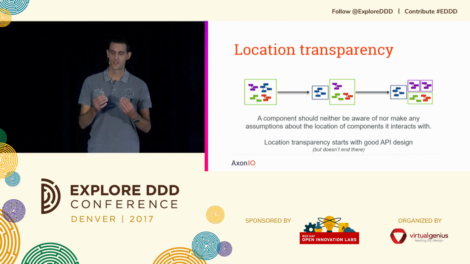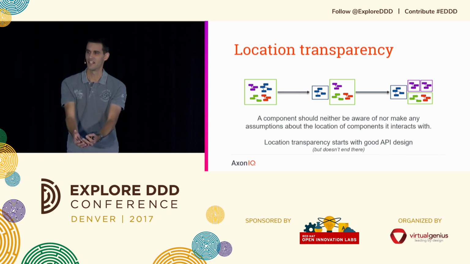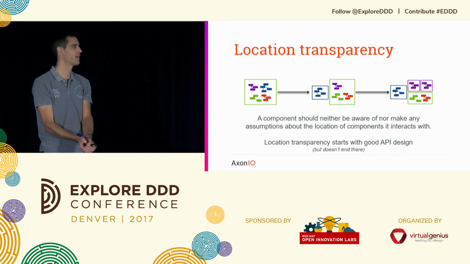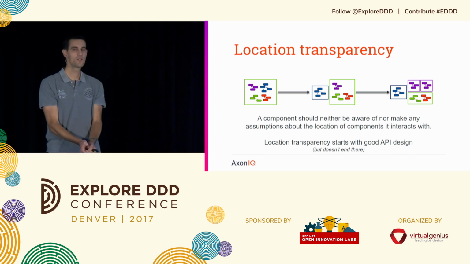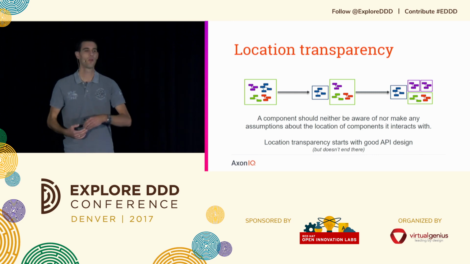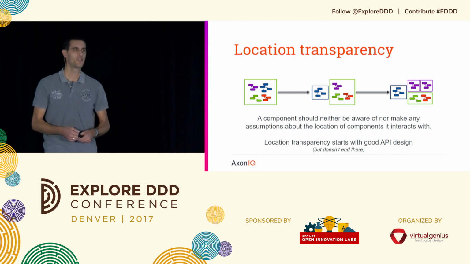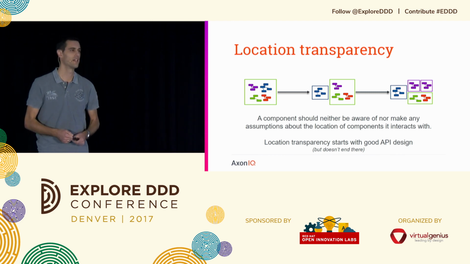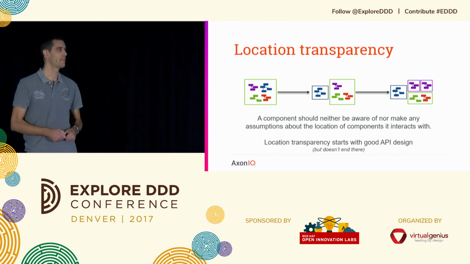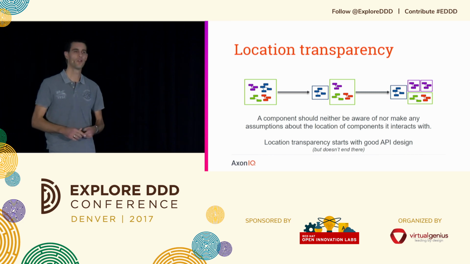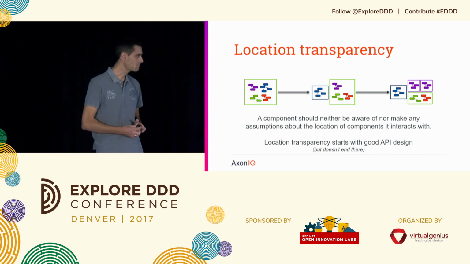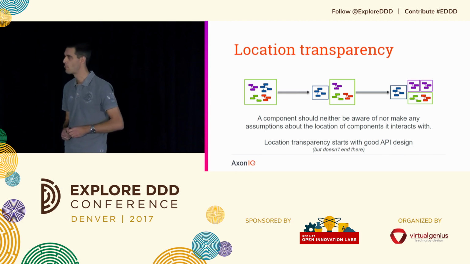Somehow we assume that the data is just sitting here and we can access it right here, right now. But in most deployments, the database system is deployed on a separate machine. There's a network interface in between. So data is not right here, right now, and yet we're forced to wait for it. That is an example of a non-location transparent API.